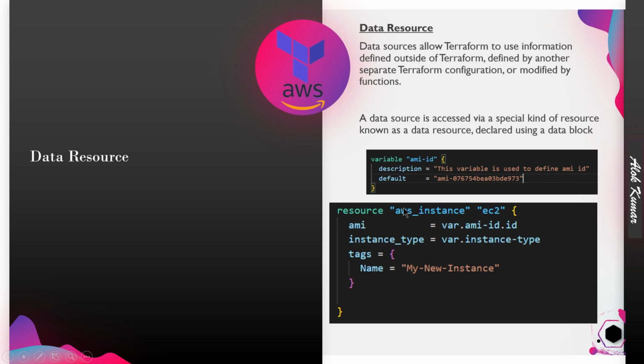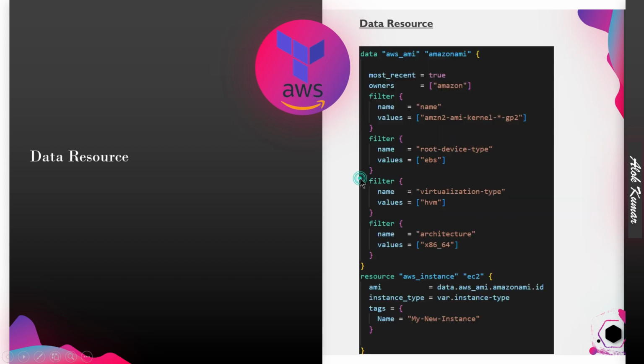So in this session we are going to see how we can use the data resource to get it dynamically. You can see that this is a data block, and we use aws_ami because we are going to fetch the AMI for AWS, and this is the local name that we are going to use.